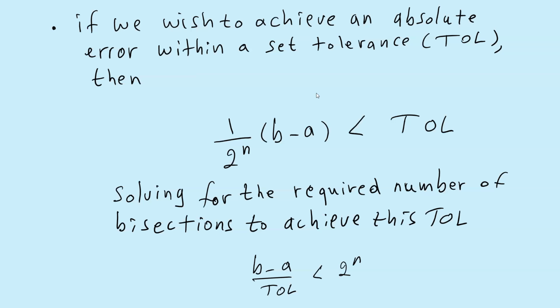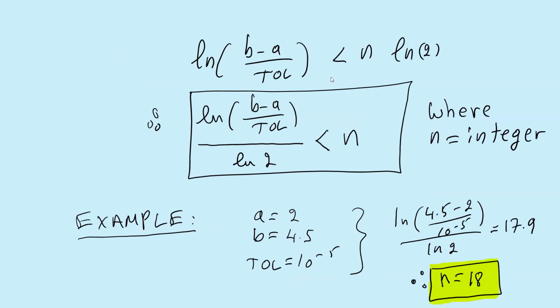And if we have information about the tolerance for absolute error, this value means the absolute error should be less than the tolerance. And if we are trying to find the number of iterations that we need for the bisection method to meet the tolerance, we rearrange this equation into this format and take ln of both sides, and we find this equation.